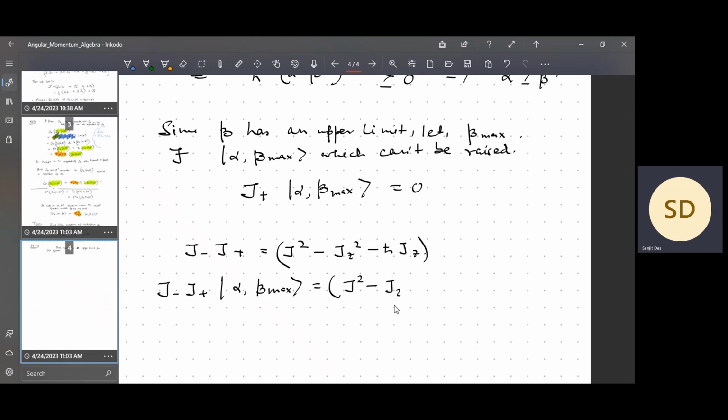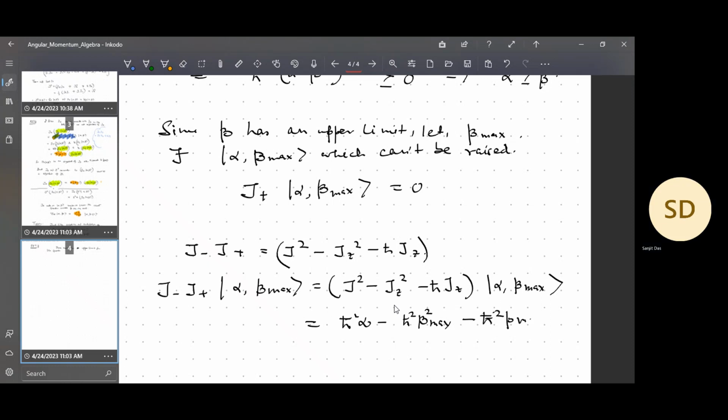J squared minus Jz squared minus h bar Jz on alpha beta max. So first term would be what? h bar squared alpha. Second term will be h bar squared beta max squared, and the third one will be h bar, h bar squared beta max, and the ket is as usual there.